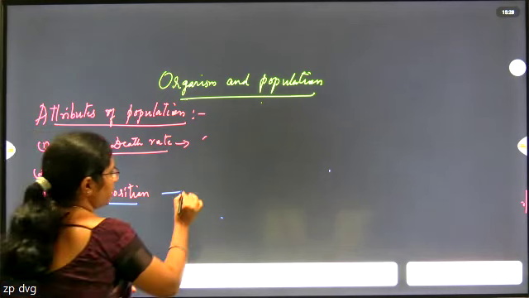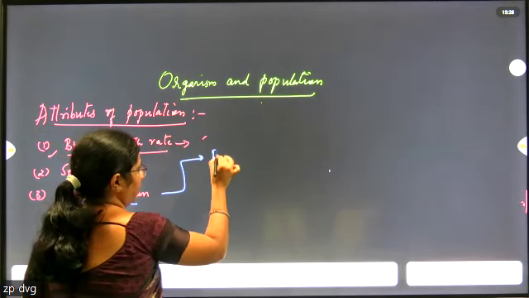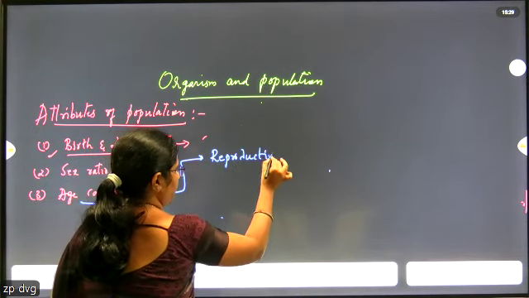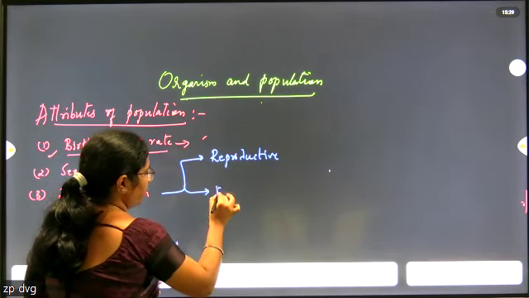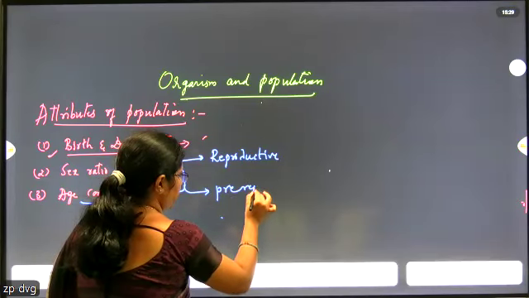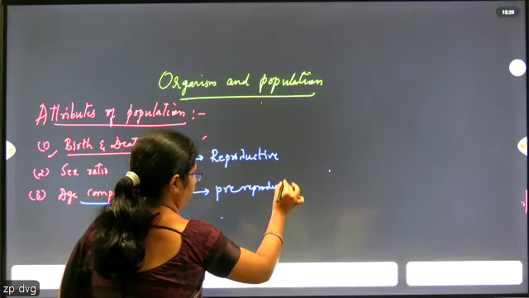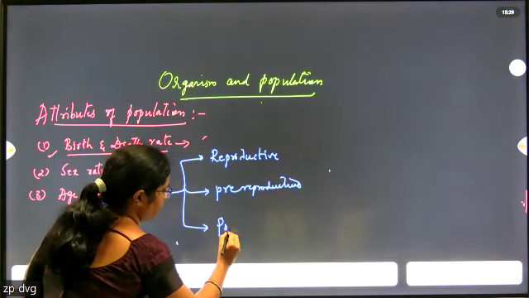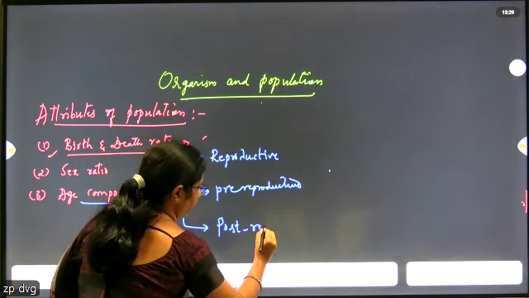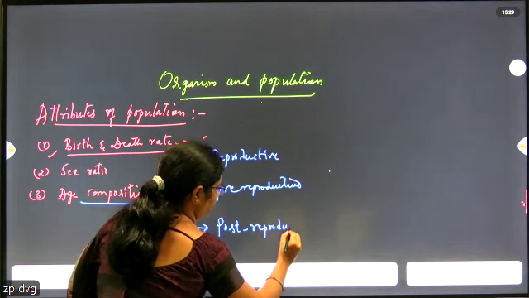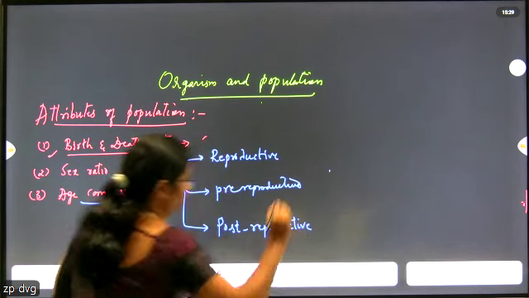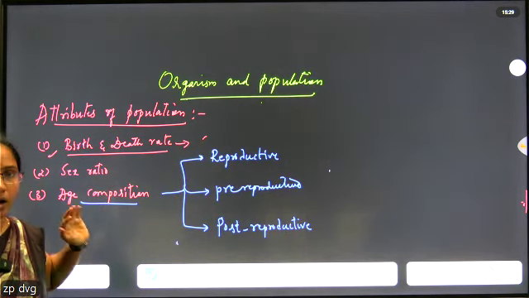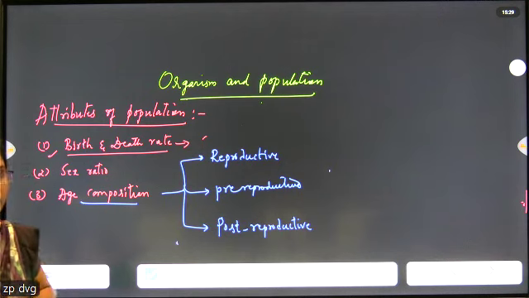First is reproductive age group people, second is pre-reproductive age group people, and third is post-reproductive age group people. So there are three age groups considered to explain the population.